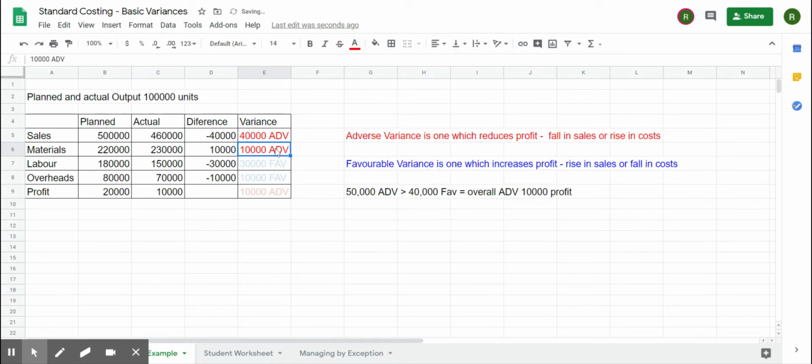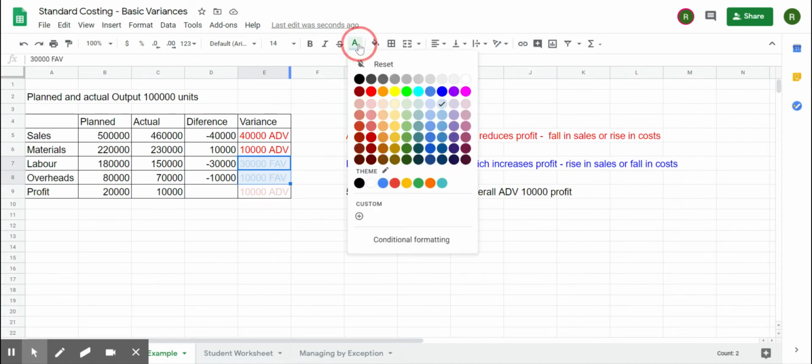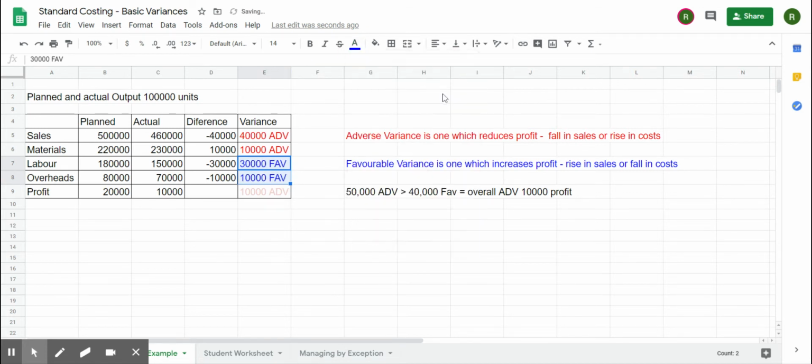That will help to reduce profit because we've increased the cost. So any rise in costs is also an adverse variance. With the other two costs, they've both actually fallen. So we class those as a favourable variance because in both cases, that is going to increase the overall profit. If we reduce our costs, our profit is going to go up.